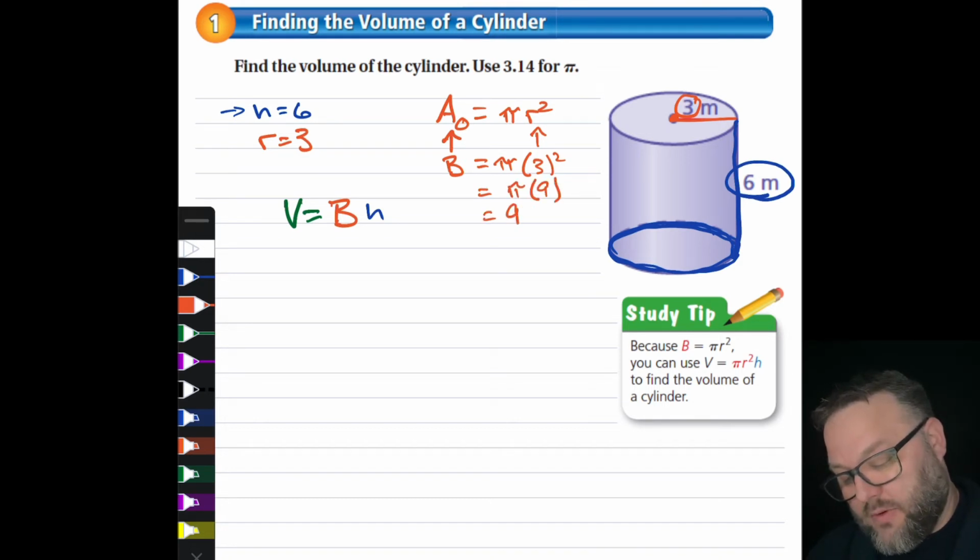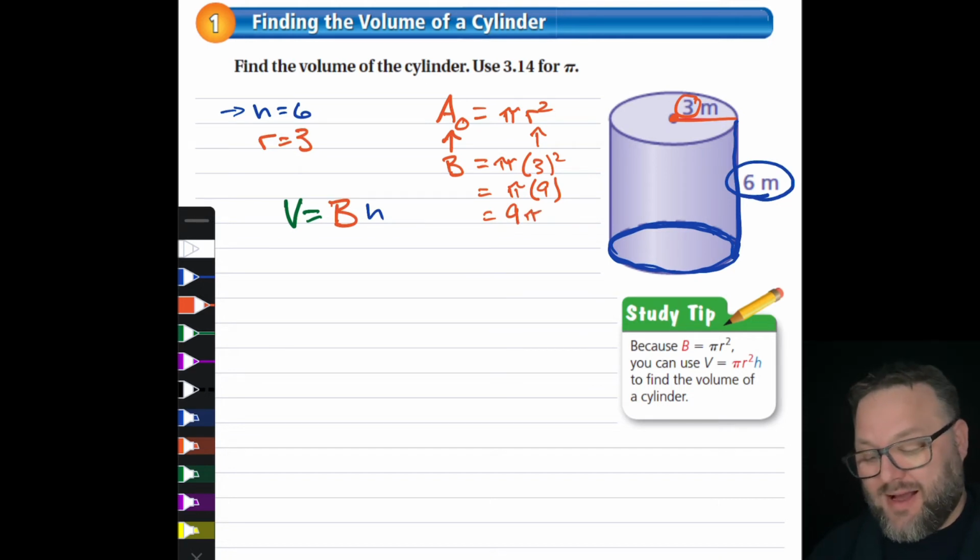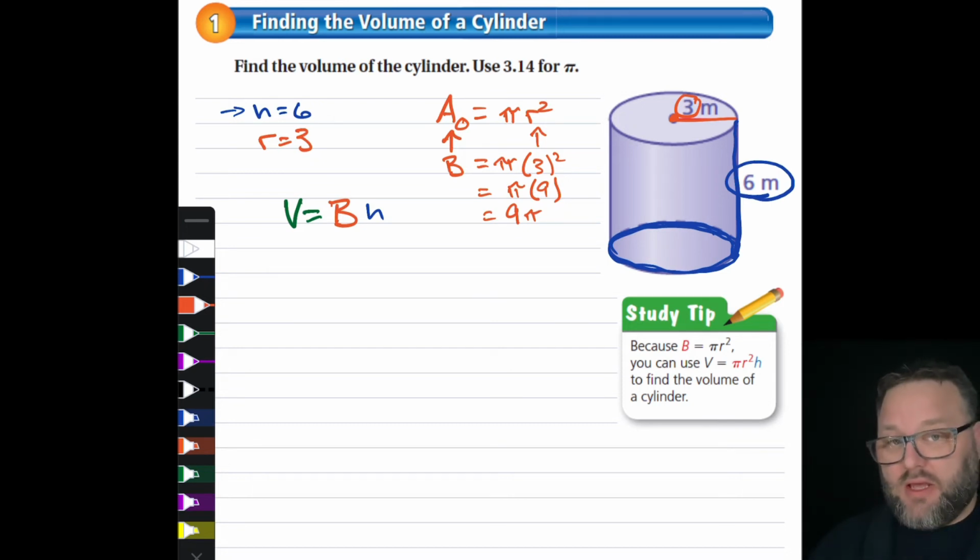And now I'm going to write that number in front. And so I get 9 pi. Now, it says use 3.14 for pi. I'm not going to yet. The reason is I don't like to put in 3.14 for pi until the very end, until the last thing I do, because the later you put it in, the more exact your answer is going to be.